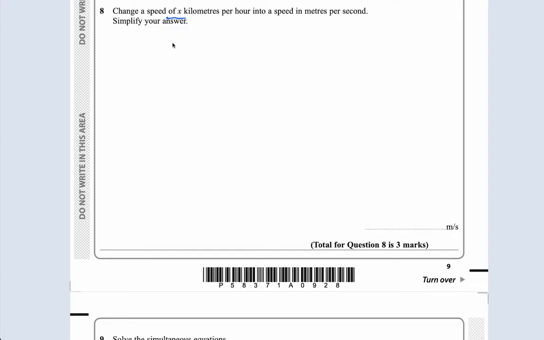So x kilometers per hour is actually equal to 1,000x meters per hour. Now think about that.